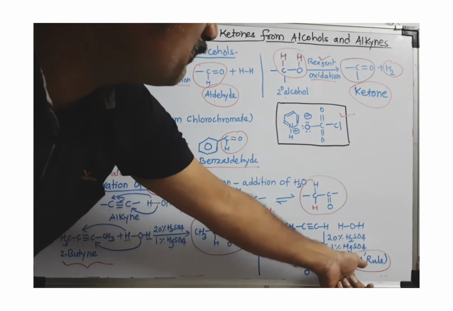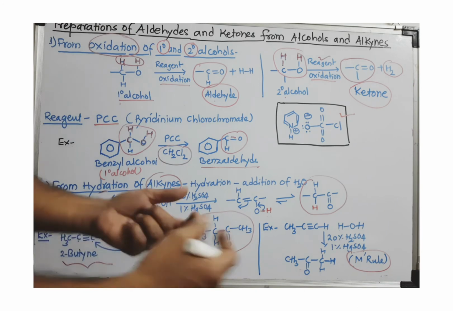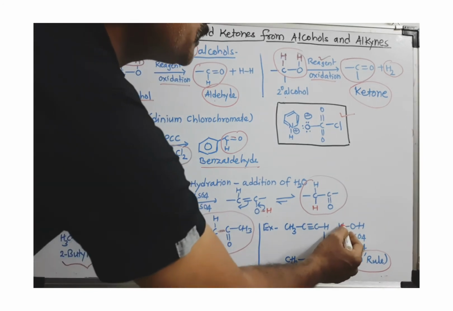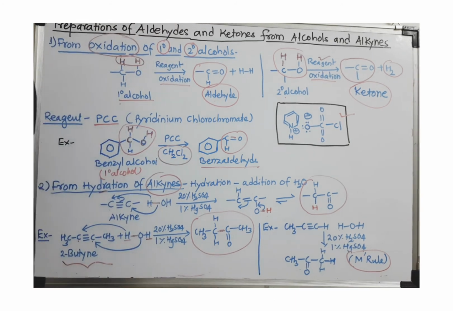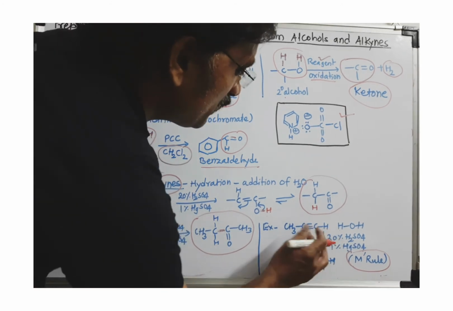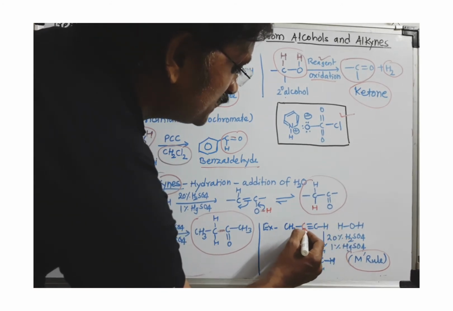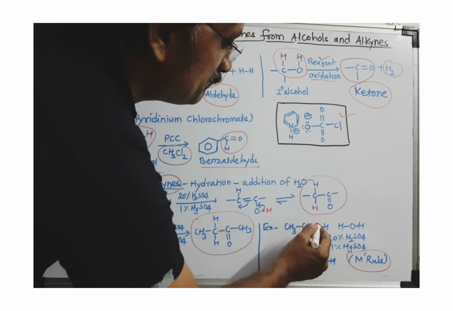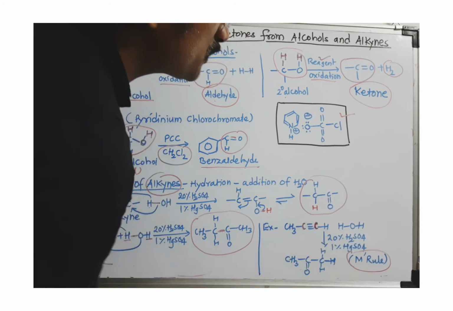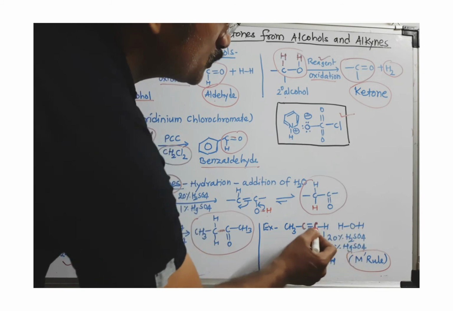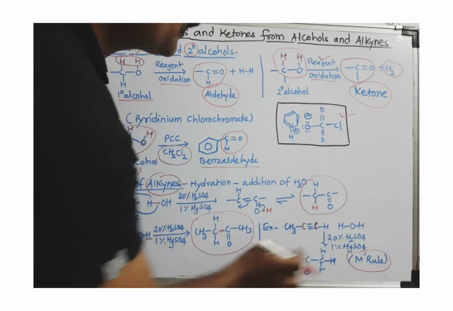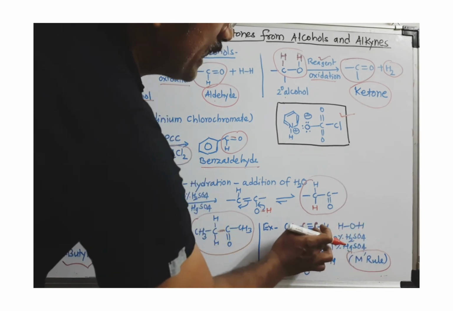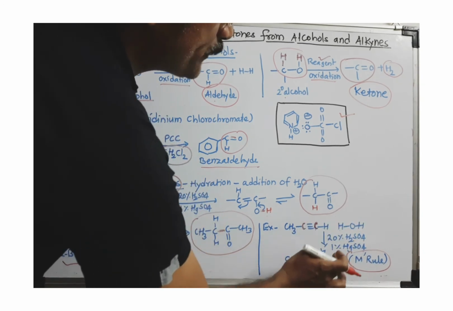According to that rule, hydrogen will go to that triple-bonded carbon where more hydrogens are present. Here if you compare hydrogen, at this carbon there is no hydrogen, but at this carbon there is one hydrogen. Obviously hydrogens will go to that carbon.